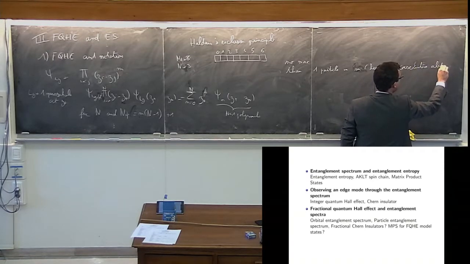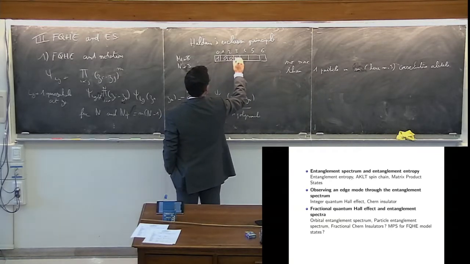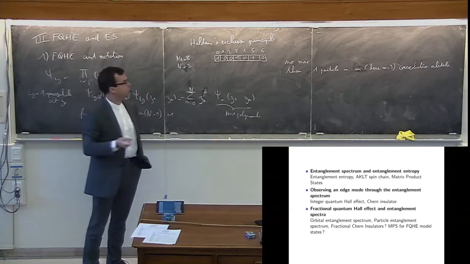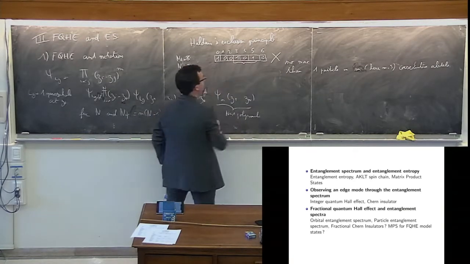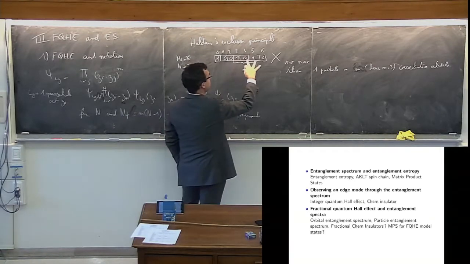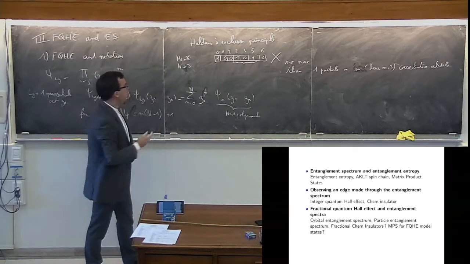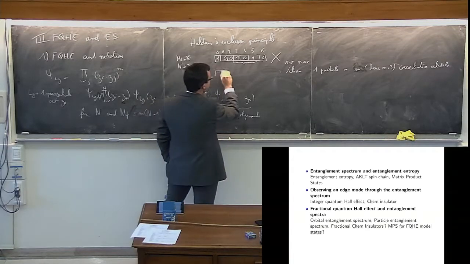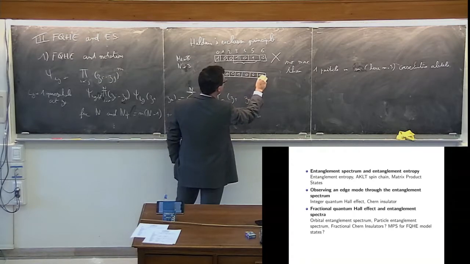So for example, this configuration here, so I put 3 particles into my 7 boxes, is forbidden. Because here I violate this rule. I have 2 particles in 3 consecutive orbitals. So the only option that you have actually for this specific number of flux quanta and this number of particles is this configuration. That's the only option.